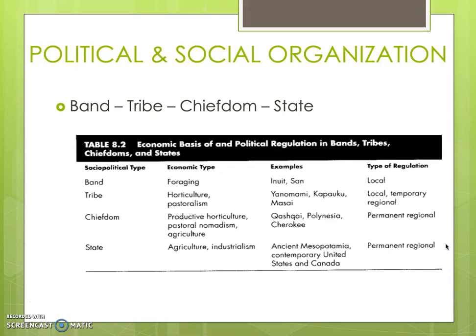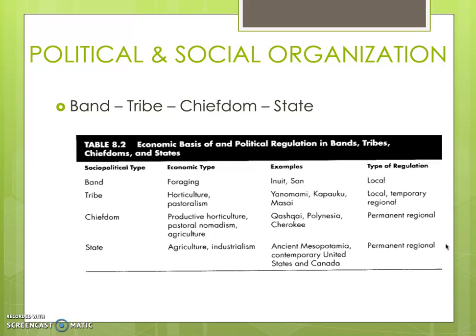So we see here a new word under type of regulation, permanent regional regulation. Now we start to see institutionalized offices of regulators. For example, the chief is a position held by an individual and then probably passed down to his son or his brother or another person chosen by the tribe.